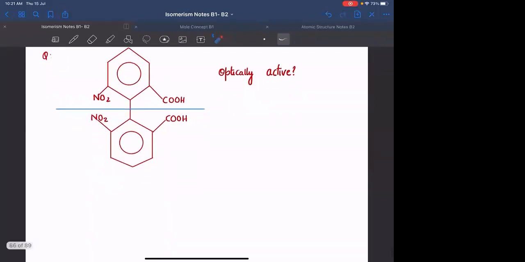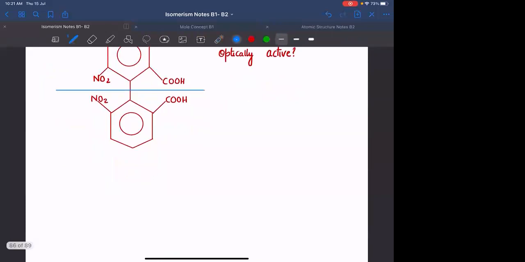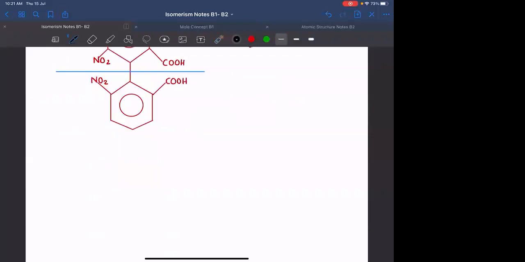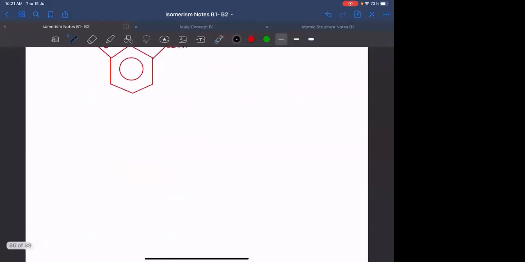I will try to show this. Please understand. You are having one benzene ring in the plane.